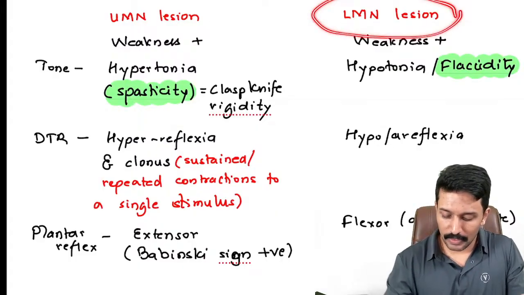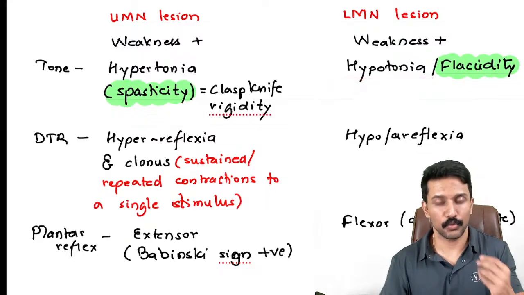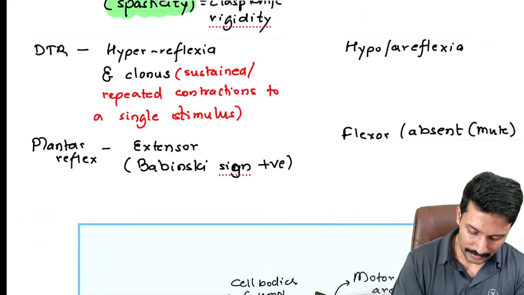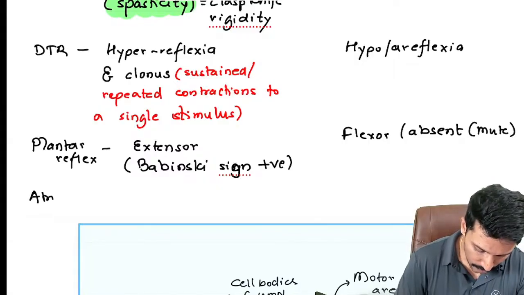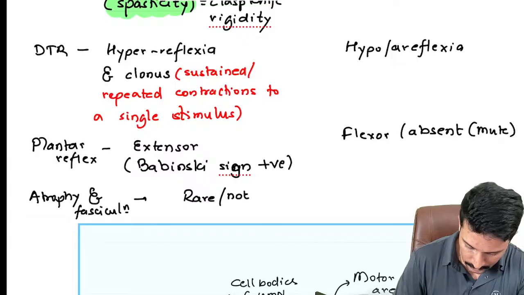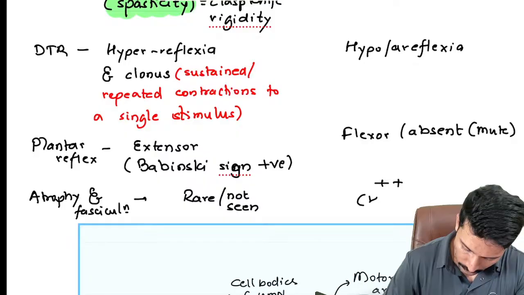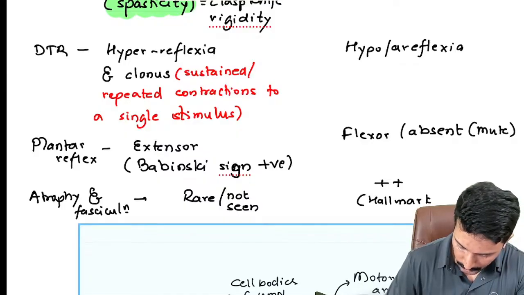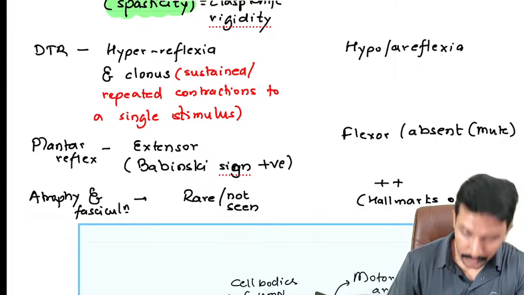But in case of LMN lesion, that work is also gone because there is hypotonia. So you get this classical atrophy and fasciculations. So atrophy and fasciculations are considered as hallmarks of LMN lesion.